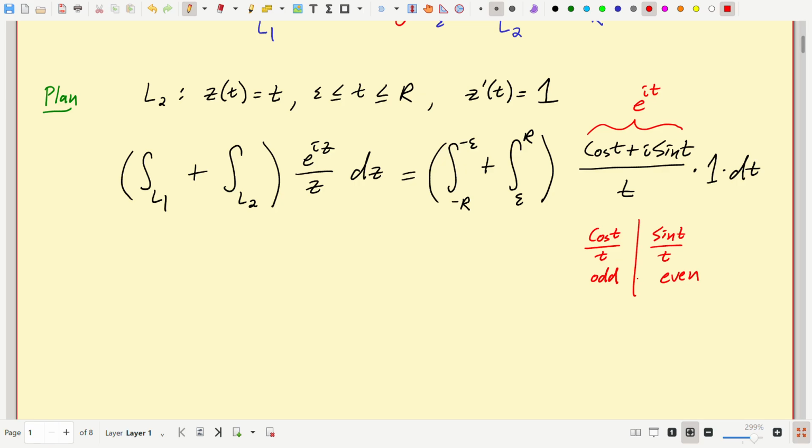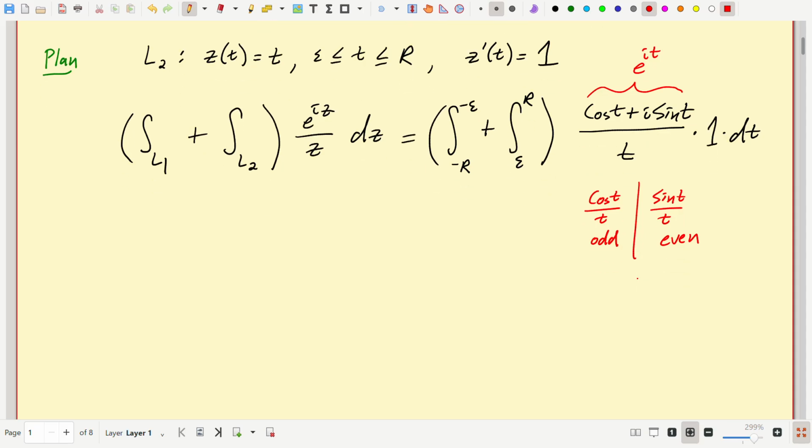That means for the odd function, the left-hand side is going to cancel the right-hand side, and for the even function, I'm going to get 2 times the integral from epsilon to R.